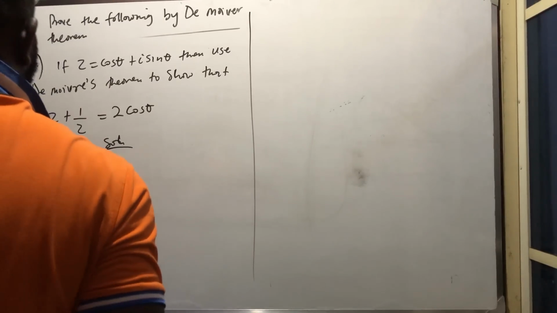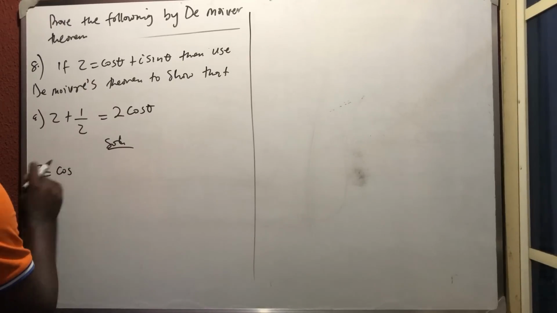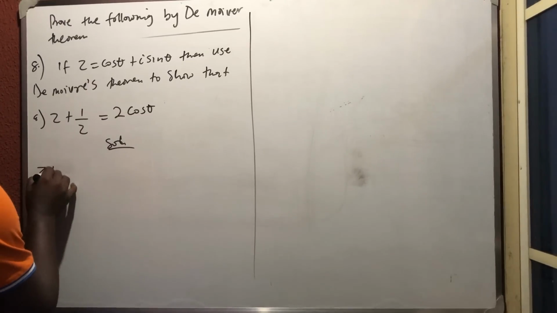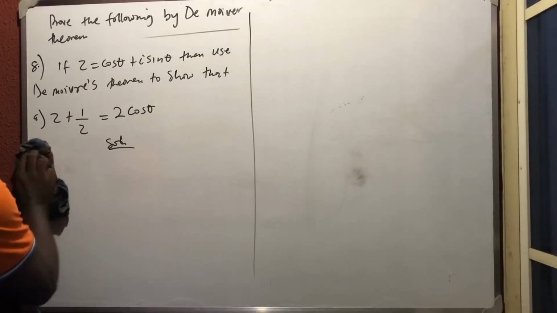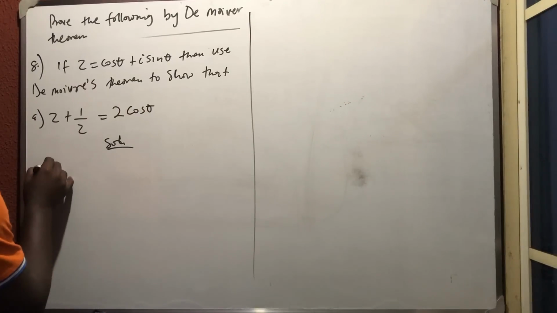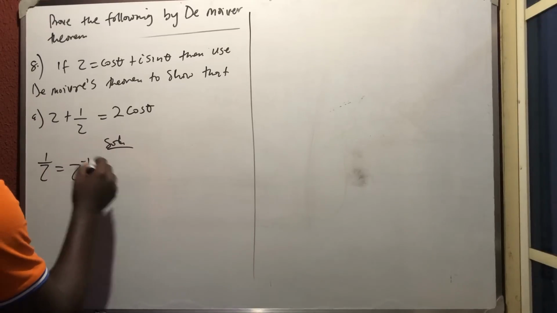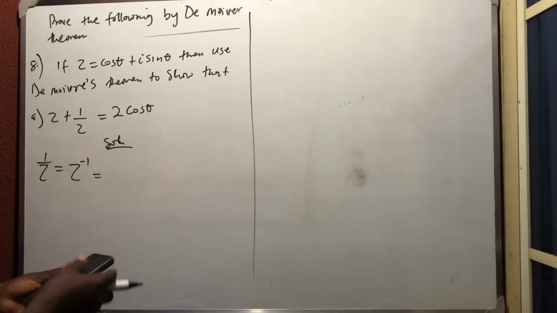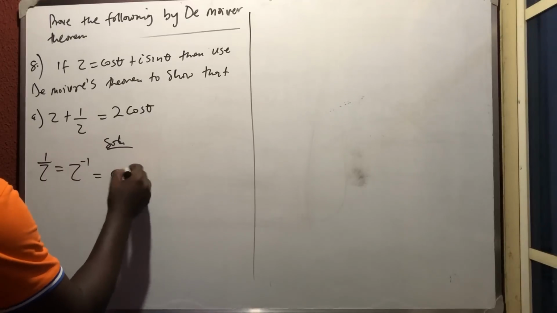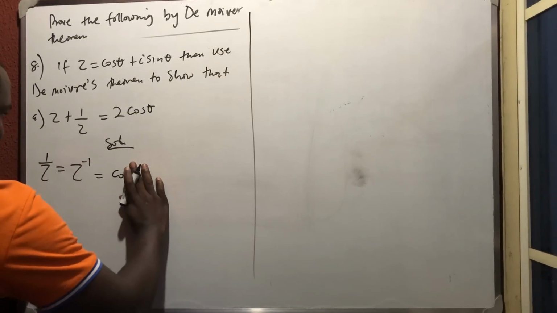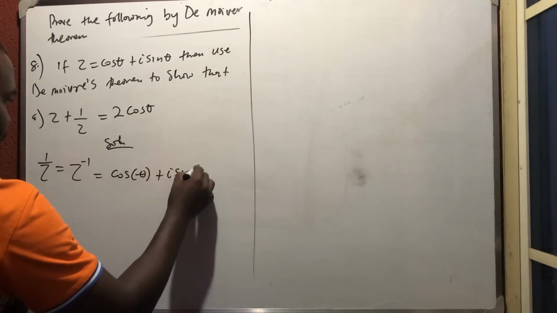Now, we know that z is equal to cos theta plus i sine theta. Now watch, z plus 1 over z. Let me get what is z and what is 1 over z. 1 over z is the same as z raised to power minus 1, which is cos minus theta plus i sine minus theta.